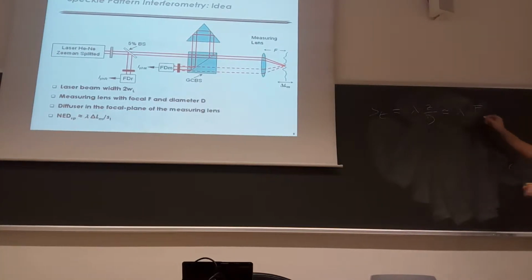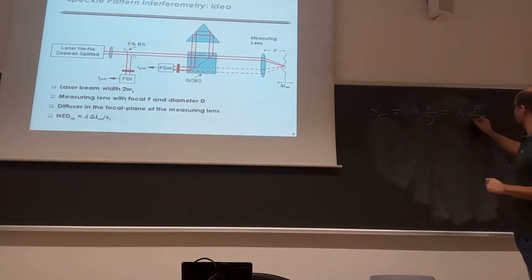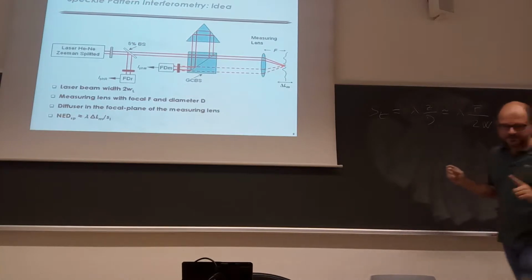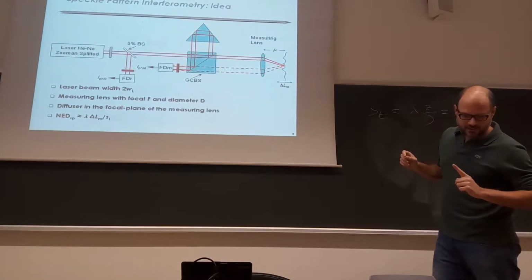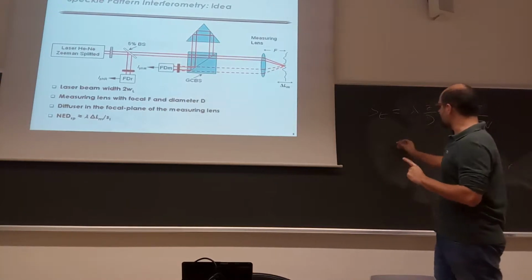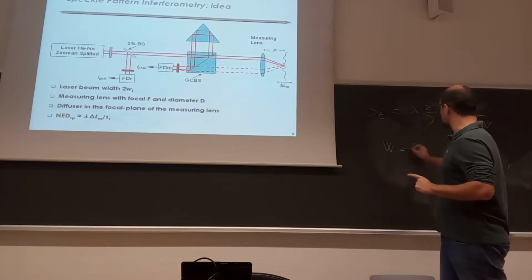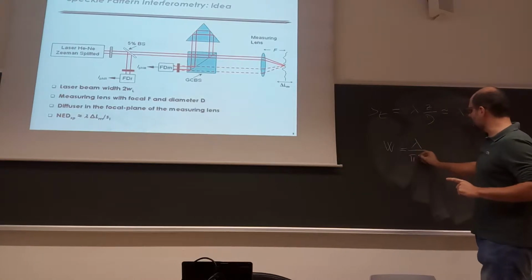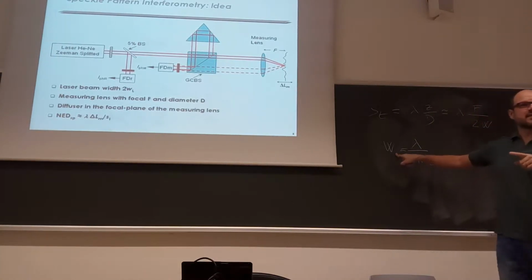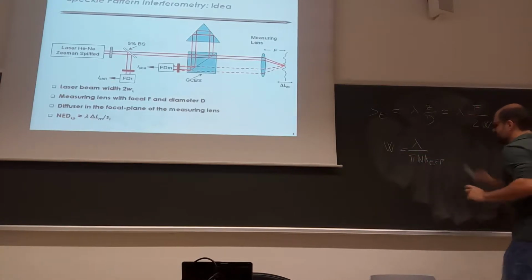And the diameter of the spot on the diffuser is simply given by 2W, what I said, WD. I don't remember. W. But when I say this, W is equal to lambda divided by pi NA effective. What did I say? D. Okay, thank you.